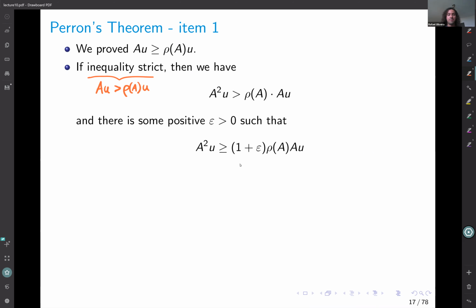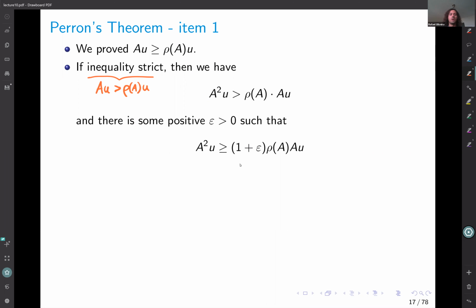Then let's just multiply this inequality again by A on both sides. And we can multiply by A because A is positive. So if you have this inequality, it will still remain bigger. Does that make sense? Because the vectors are big.